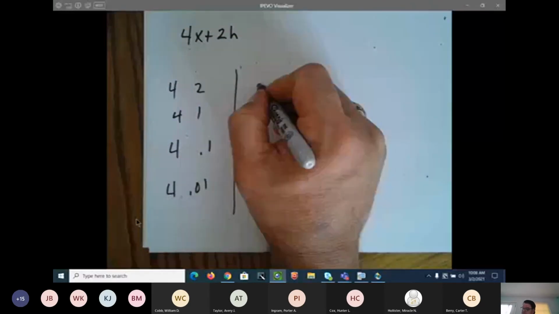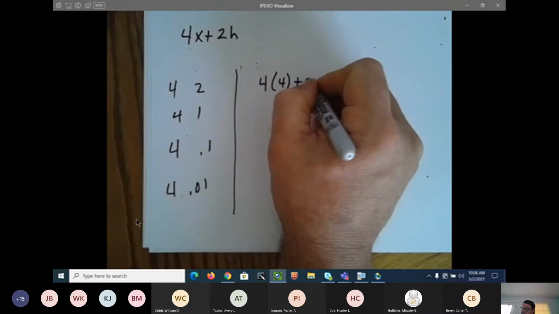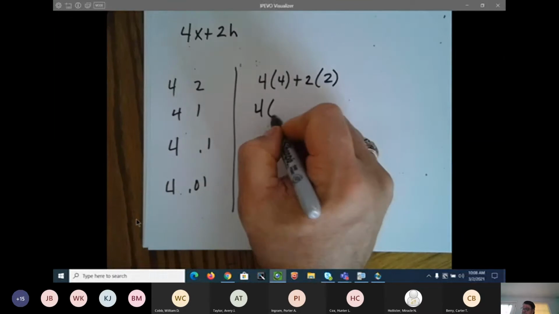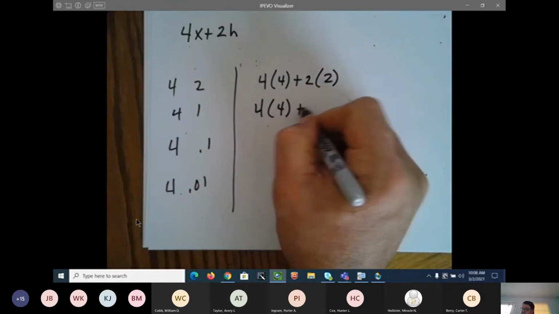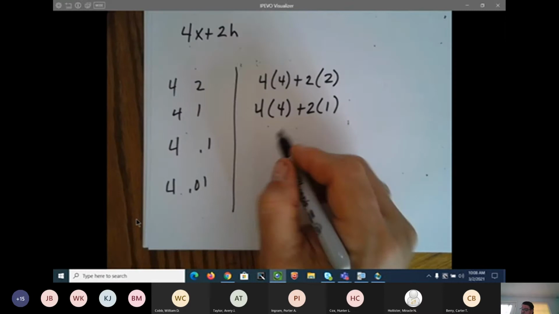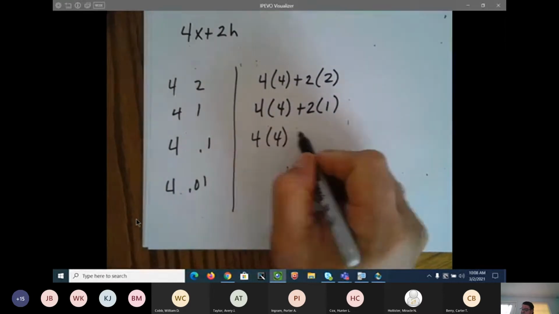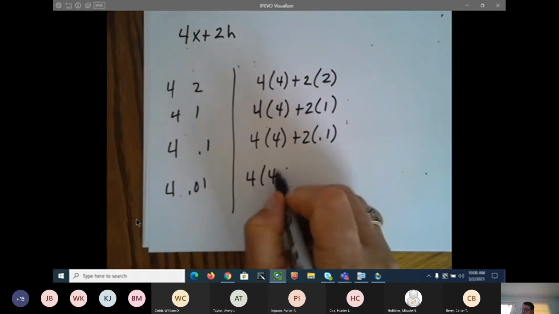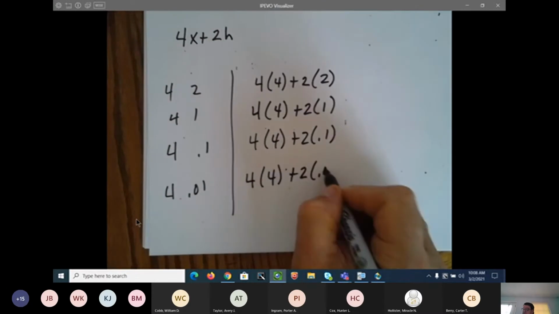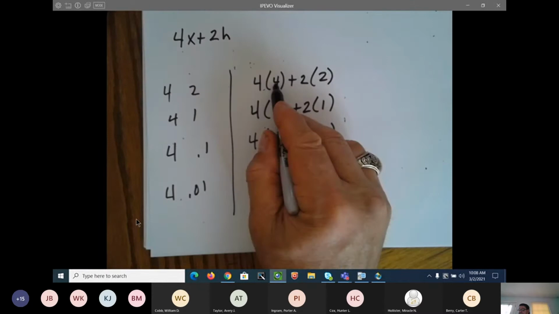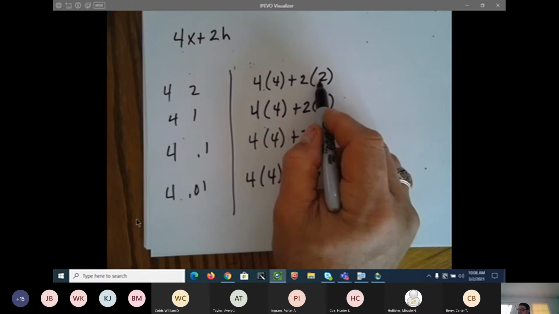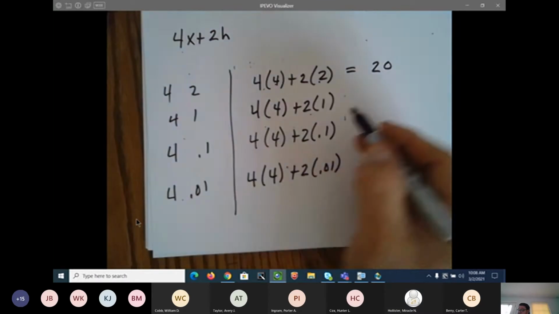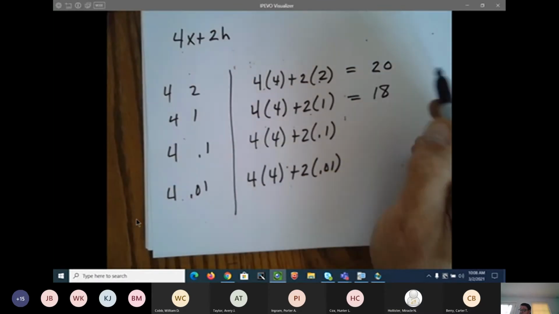All right, so 4 times 4 plus 2 times 2. 4 times 4 plus 2 times 1 is converging. 4 times 4 plus 2 times 0.1, and 4 times 4 plus 2 times 0.01. 4 times 4 is 16. 16 plus 4 is 20, right? And 16 plus 2 is 18, and you're going to see it converging.